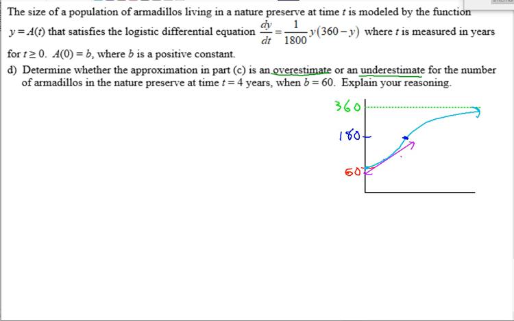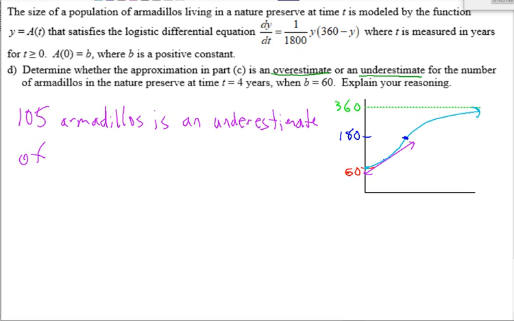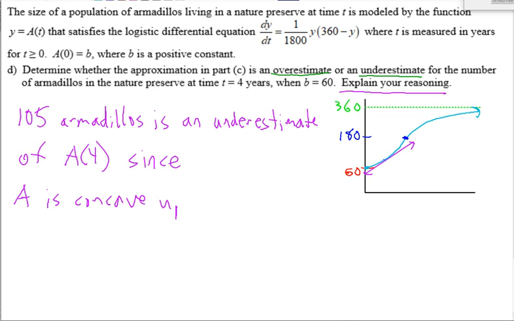So we can say 105 armadillos is an underestimate of A of 4, since, to explain the reasoning here, A, our graph, is concave up on this interval, 60 to 180.